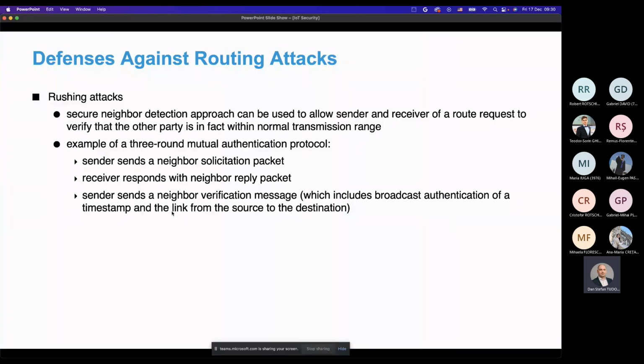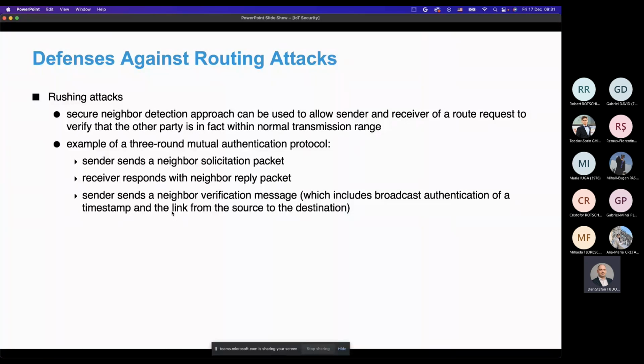So for example, some attackers may forward route requests beyond the normal radio transmission range. So for example, you can use high transmission power in order to forward these messages to nodes that are beyond, let's say, their normal horizon of communication. Thereby, you suppress the subsequent messages from this route discovery.